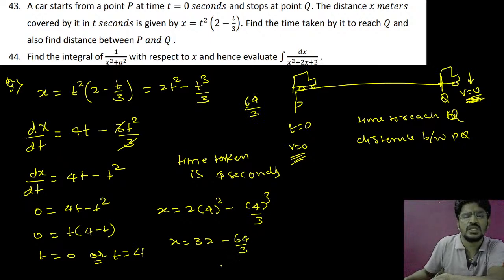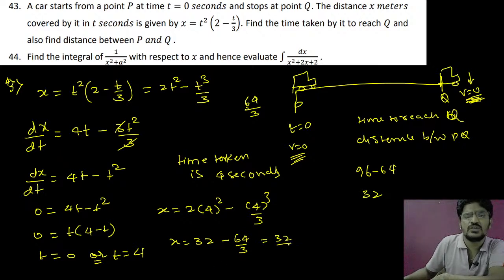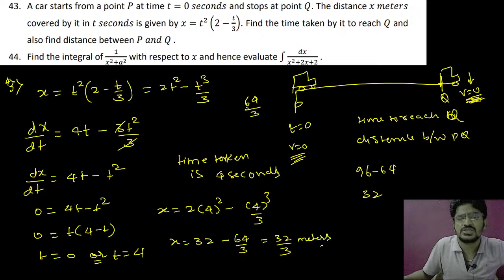So you just simplify, it is 96 minus 64, which is 32. So that is 32 by 3 meters. They have given the distance in meters, so this is 32 by 3 meters. Clear?